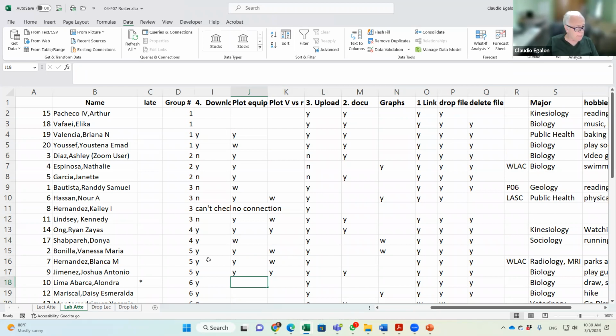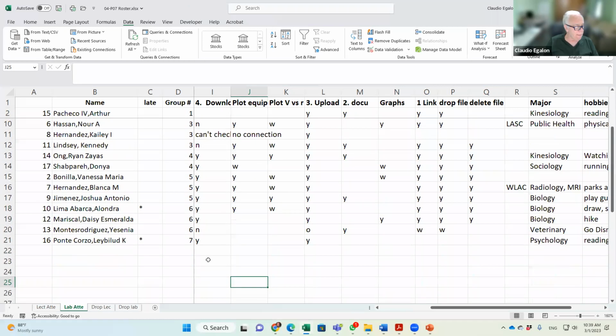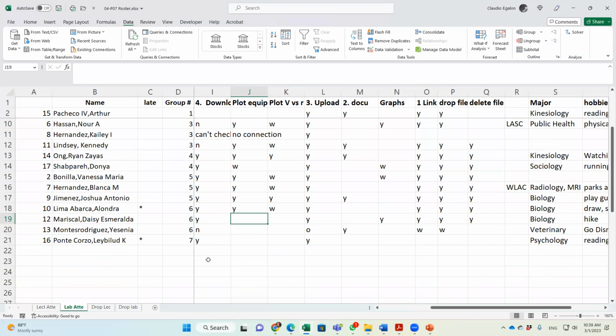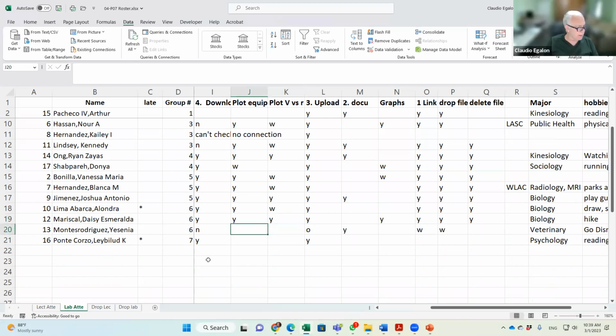Next is Alondra. Okay, good. Daisy. Yeah, I'm done with both. Both of them? Okay. And let's start working on the units and the significant digits.